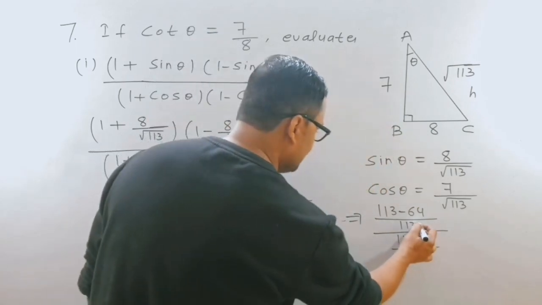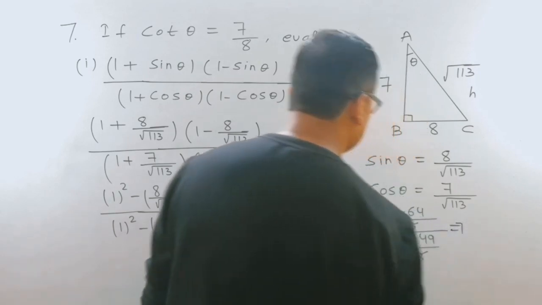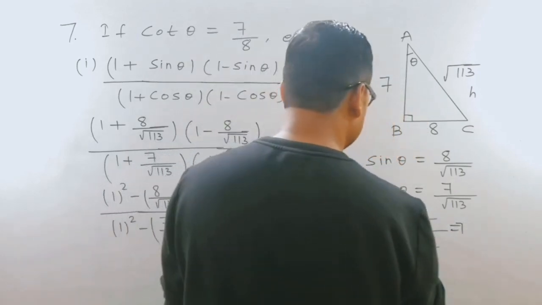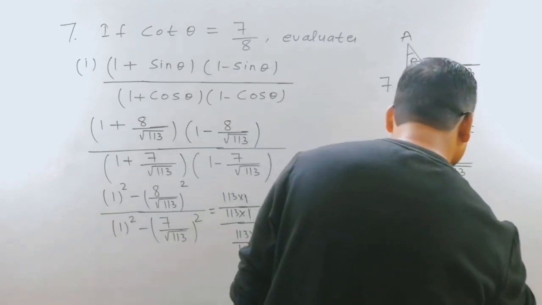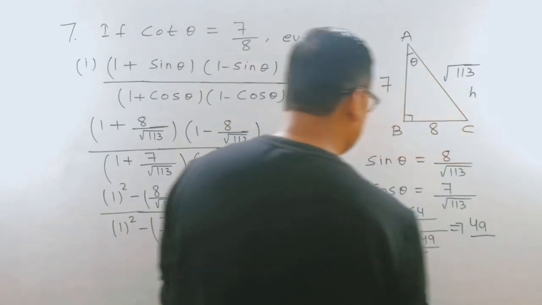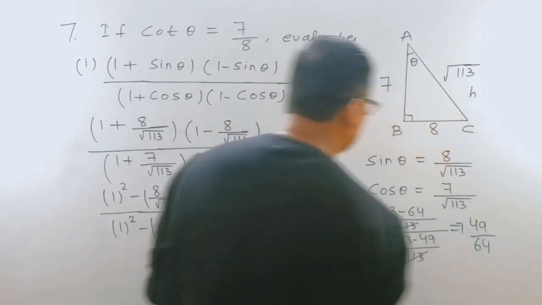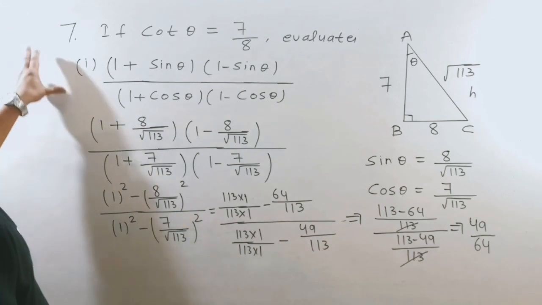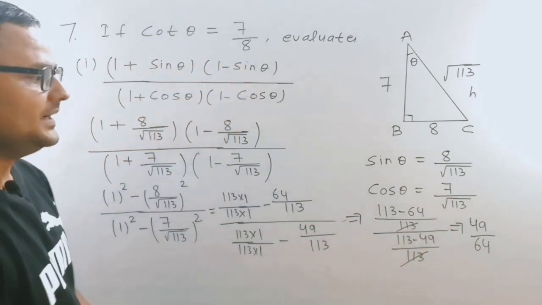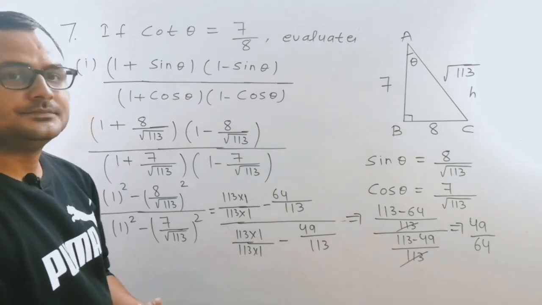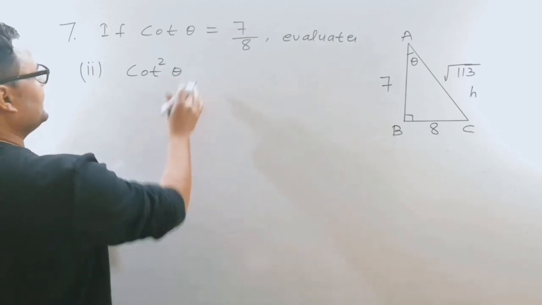Now this 113 will be cancelled, and 113 minus 64 gives 49, and 113 minus 49 is equal to 64. So for the first question of 7, the answer is 49 by 64. Now, for the second one in 7, we have to find the value of cot square theta.